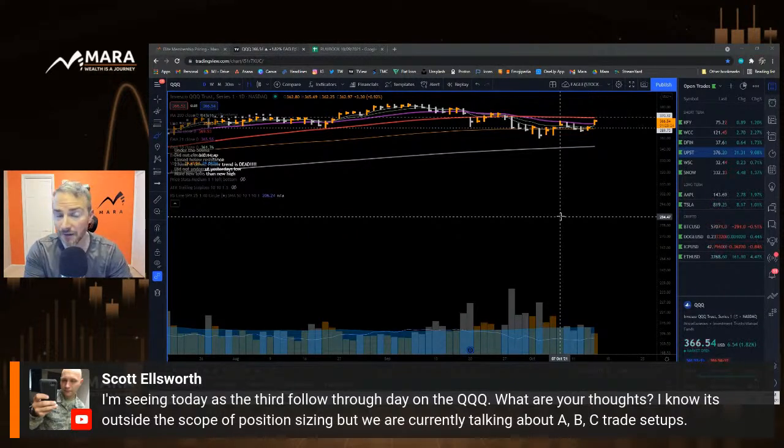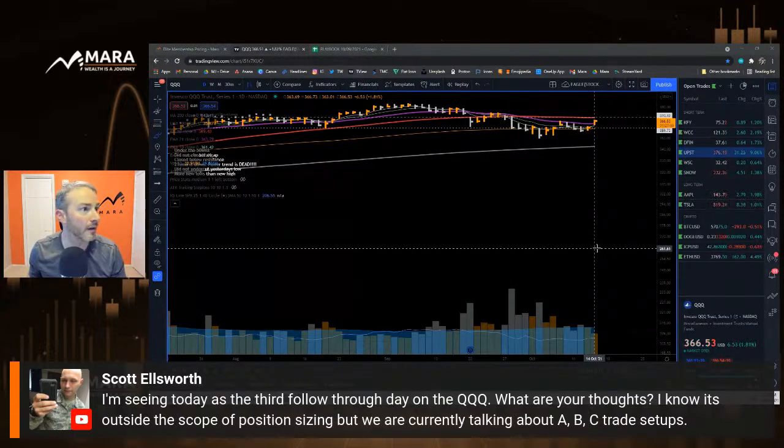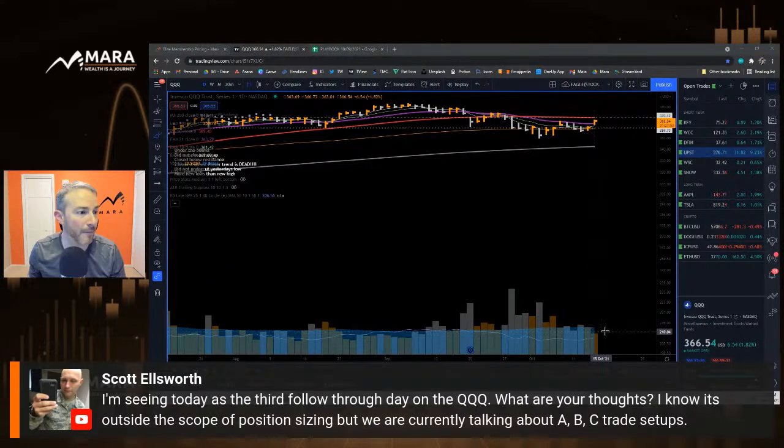He defines a follow through day as a day on the index that is up 1.2% or more on heavier volume than the day immediately before it. So today on QQQ would not count as a follow through unless the volume picks up and is greater than the volume over here.